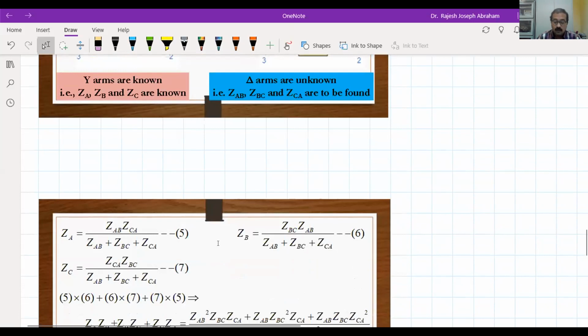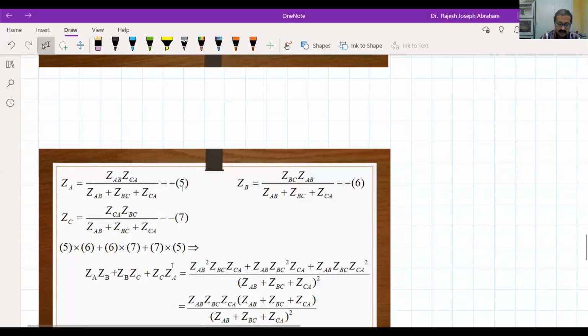Now what we have to do? Multiply between 5 and 6, 6 and 7, and 7 and 5, and take the sum. Then you will get ZA ZB plus ZB ZC plus ZC ZA on the left hand side.